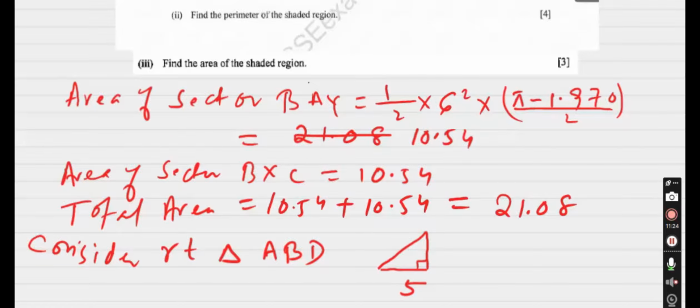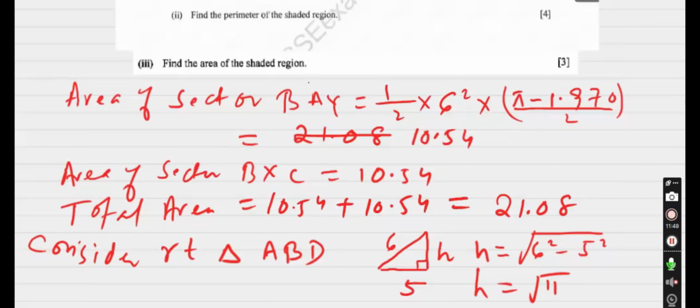This is 5. This is 6 in the question, and I have already assigned the name, this is H. So I am using Pythagoras theorem to find H. H is equal to root of 6 square minus 5 square. So H is equal to root 11.